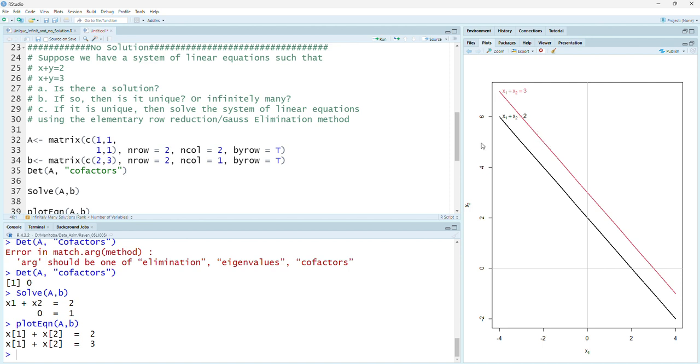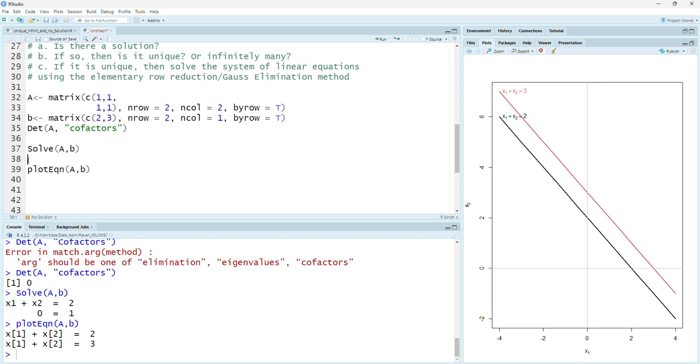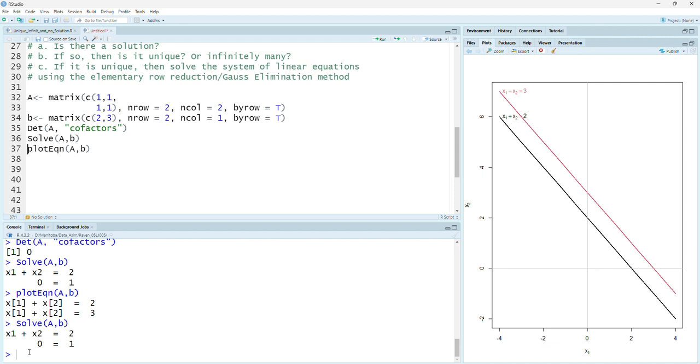You will see that they will not intersect each other at any point. They are parallel lines, so there is no solution in that case. Also, you can just run this command solve, and once you see that 0 is equal to 1, you will say no, there is no solution.